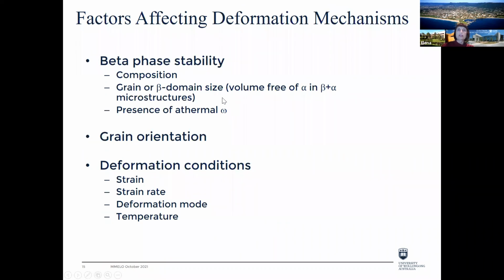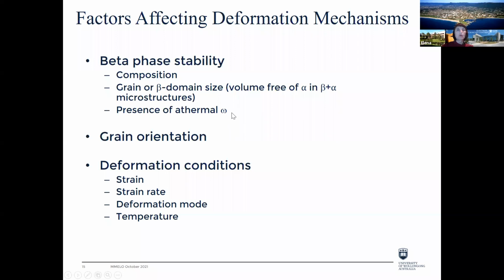The main difference is that in some metastable beta titanium alloys, sometimes called near alpha alloys, we could have some alpha phase formed. The region in such alloys, or volume, that doesn't contain any alpha phase, we call beta domain size. And also the presence of athermal omega.